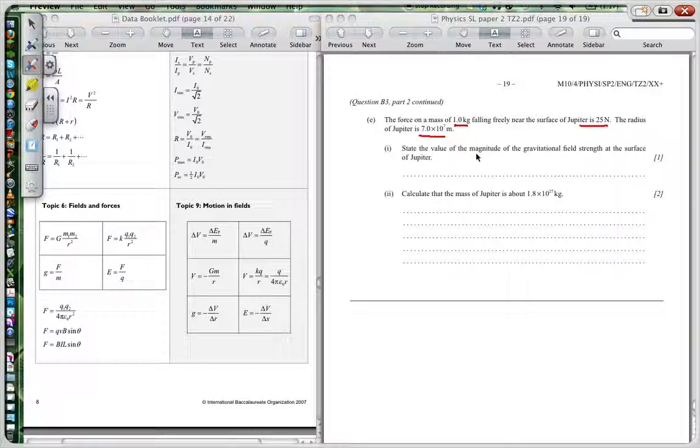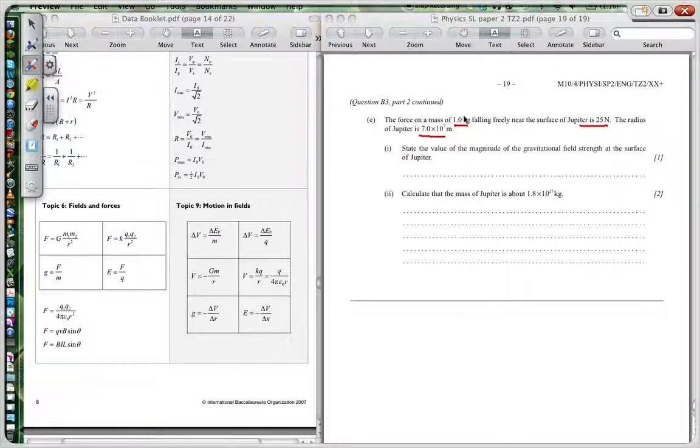State the value of the magnitude of the gravitational field strength at the surface of Jupiter. So we have got here that it is going to be 25 newtons per kilogram. That will be the gravitational field strength.